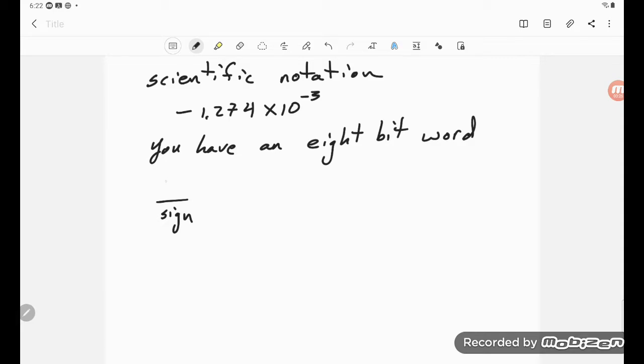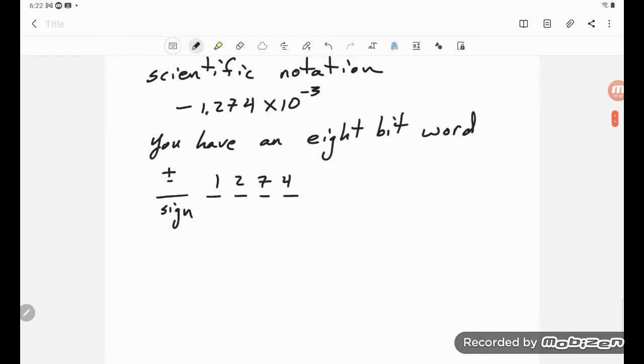So to represent that number with those 8 bits, I'm going to need some room for the sign, right? That's got to be a plus or a minus. And don't worry about the decimal point. We'll just realize that when we look at these, we're looking at a decimal point. So here are my 4 digits, 1, 2, 7, 4. And so now I've used up 5, and suppose I'd like to be able to go up to 10 to the negative 99th or 10 to the positive 99th.